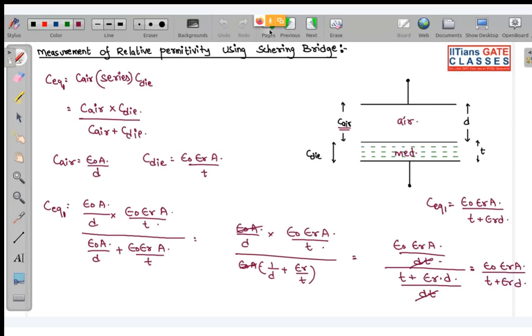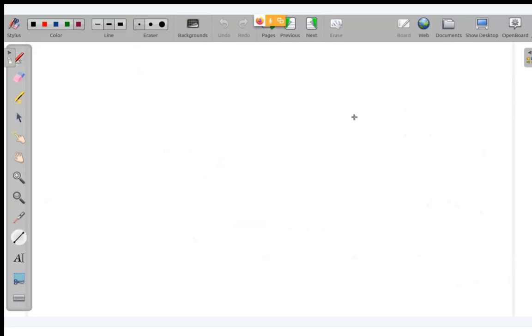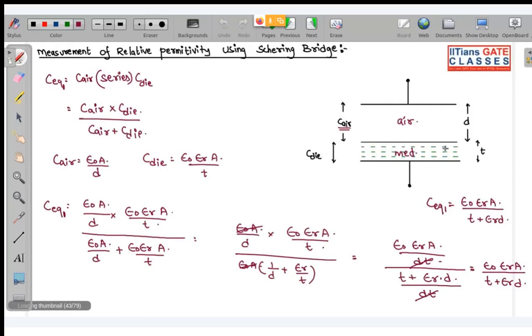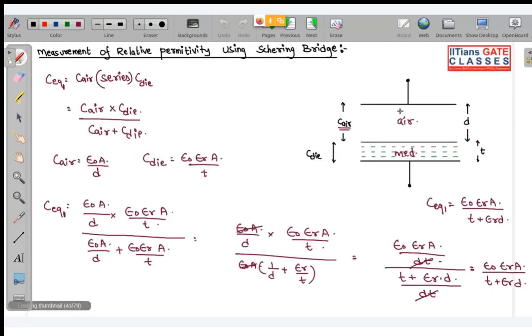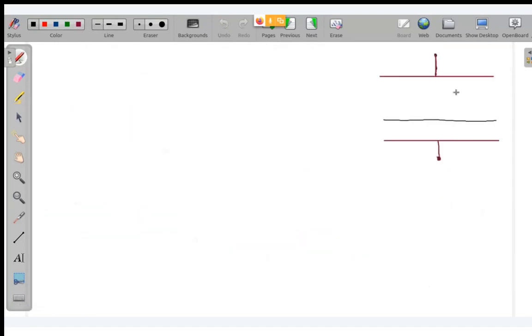Let us do it in the next page. So this was dt. This much part is d and this is t.